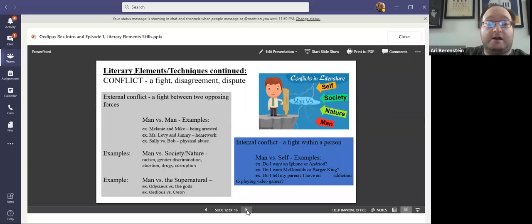And then there are the external conflicts, the fights between outside forces, whether it's society, whether we feel the government or people treat us well, if we have a dispute with a specific person, whether we feel that we've been wronged by someone, or nature. Obviously, if it's a rainy day like it is today, it's a little bit gloomy. Do we really want to be caught in the rain? And if we are, that's an external conflict, being caught in the rain or snow.